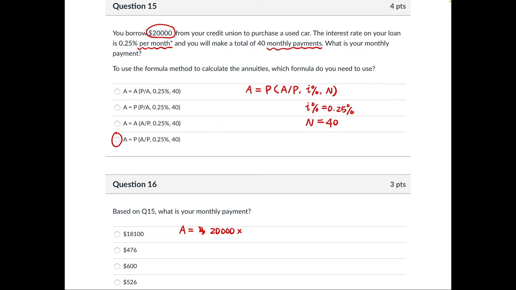So that factor is gonna be, if you check the table, 0.0263. That is 526.